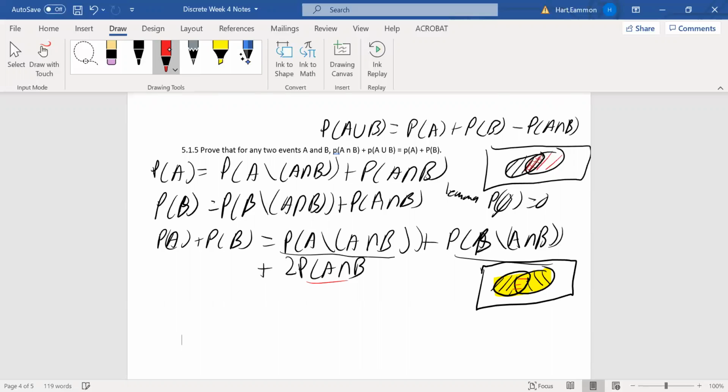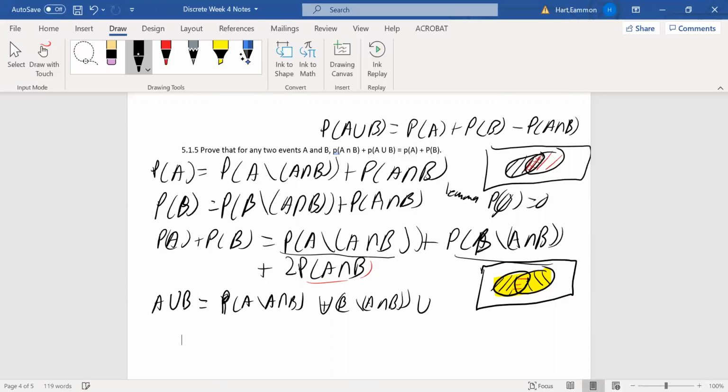So A union B is equal to A minus A intersect B, union B minus A intersect B, union A intersect B.